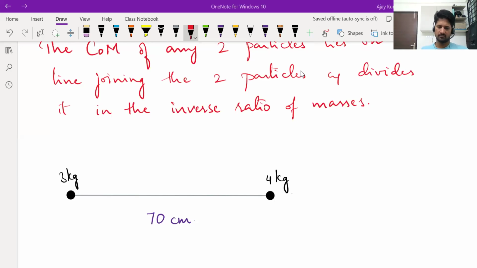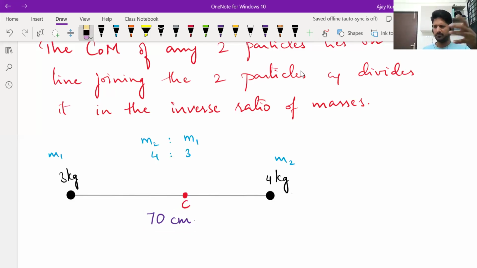Okay, fine. Aishwarya, can you tell in what ratio the center of mass should divide the line joining them? If you consider this as M1, this as M2. So 4:3. It should divide the line joining them in the ratio M2 is to M1. So 4 is to 3. 4 parts on the left side, 3 parts on the right side. So it will be closer to the 4 kg mass. This will be the center of mass of this system. Okay. So you have to split 70 centimeters in the ratio 4 is to 3.